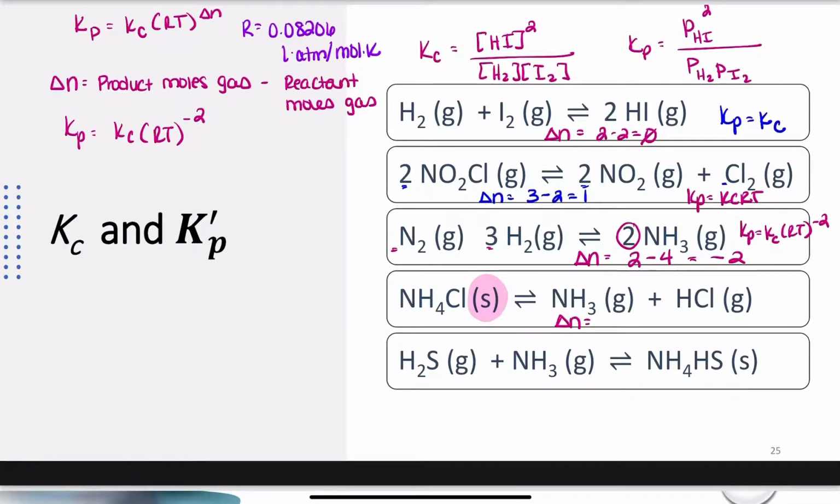So here I have 2 moles of gas product, 0 moles of gas for reactant, which gives me an overall 2. So Kp equals Kc times RT squared.